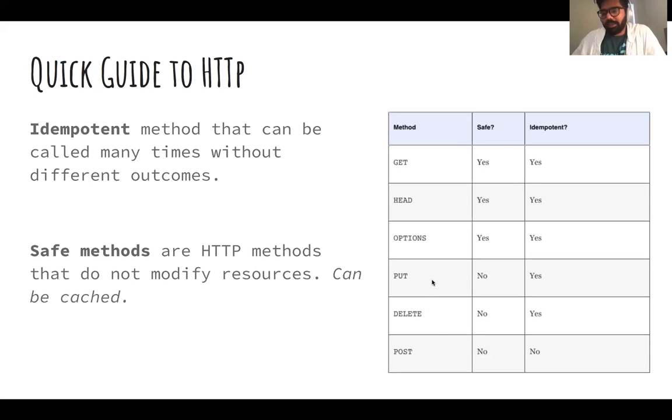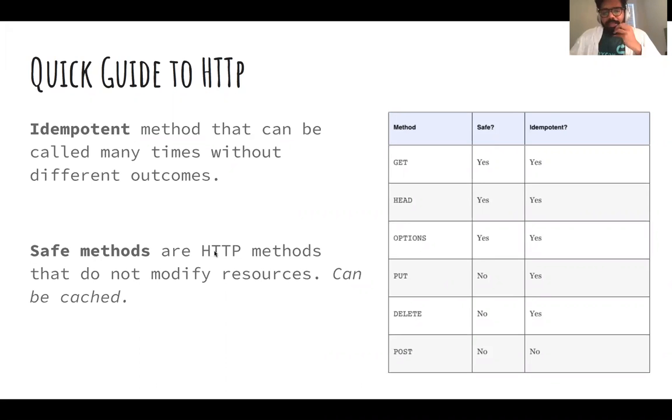So in this case, post and put are not safe, because put can modify a resource, but it is idempotent, because even if you modify something 100 times with the same payload, say I had a resource whose name was apple, and I want to change it to banana, even if I make 100 requests of changing that apple to banana, it's not gonna have any other side effects, right? It's not gonna make it 100 bananas or anything like that. Eventually, it's just gonna be banana.